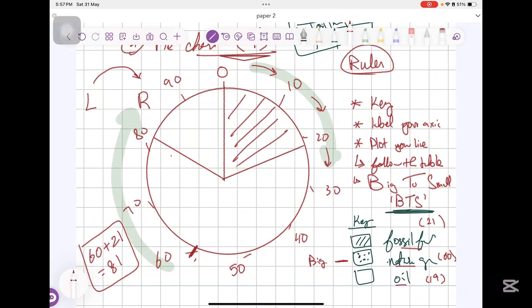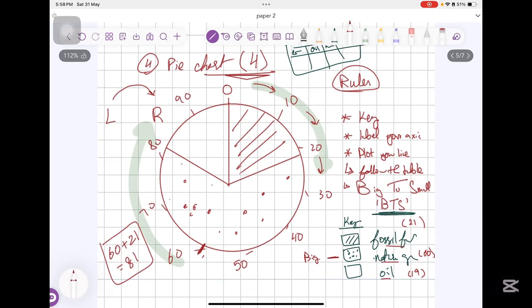I'm not going to shade it because I left it blank. And then was natural gas, so you make your polka dots. Nice. It's easy. These questions come 4 to 5 marks. Please don't lose any marks in them.